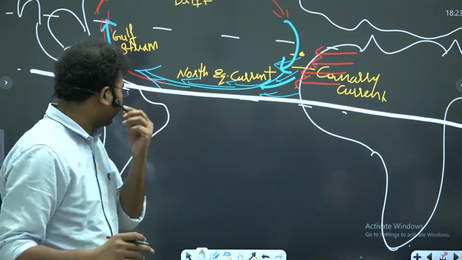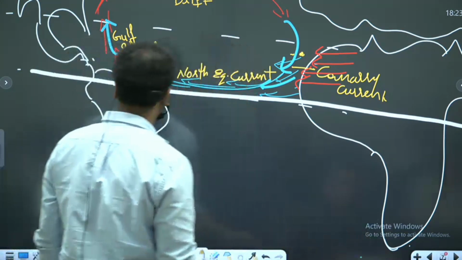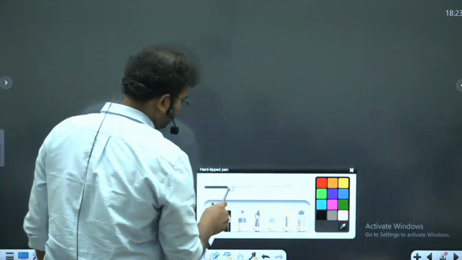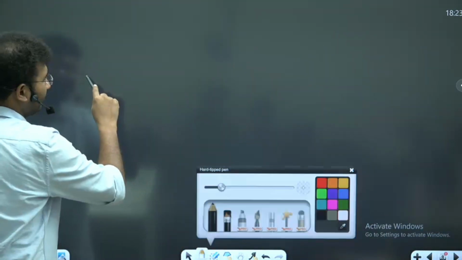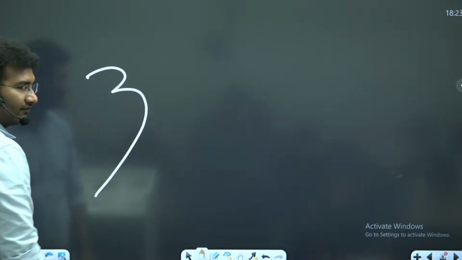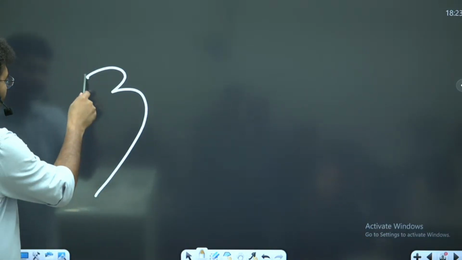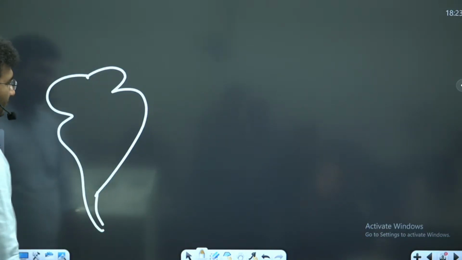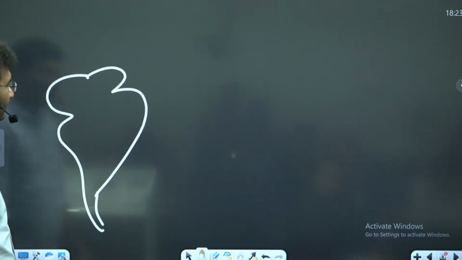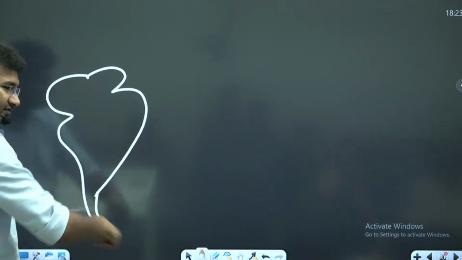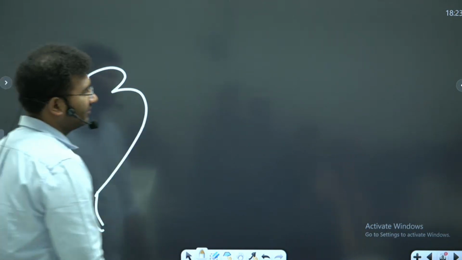If you're finding it difficult, see, it is very easy to draw this map here. For example, look here. I have drawn 3. This is also South America. 1 3 on the other side and the other reverse 3 on the other side. ठीक है?